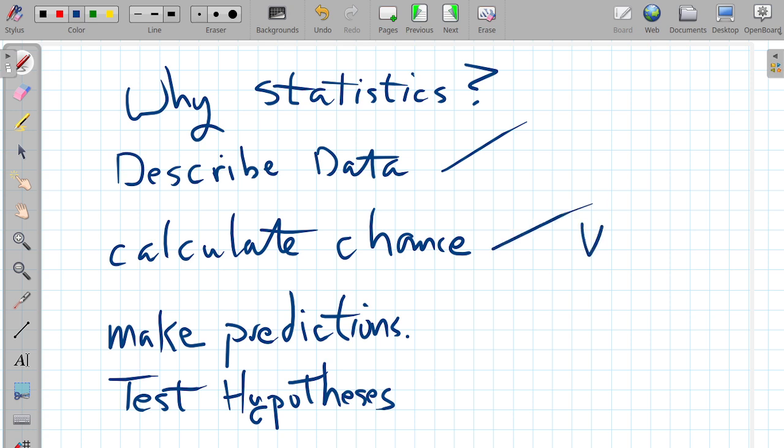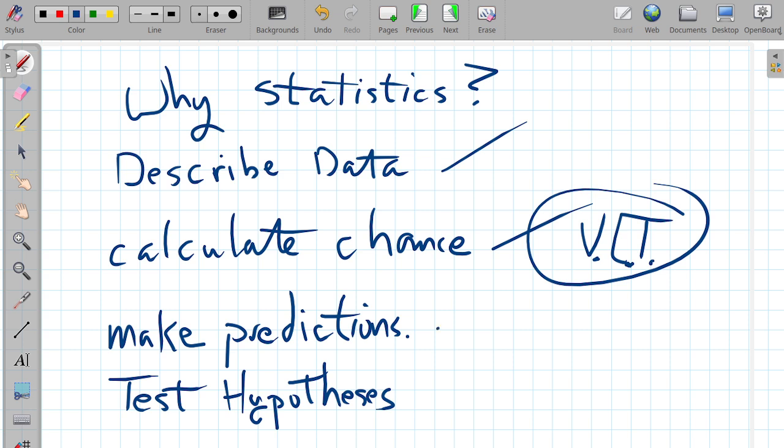Calculation of chance, well, we just talked about the video lottery terminal thing. We will talk about some of these things. Casino games in particular are great subjects for that. The ability to make predictions in the sciences, by the way. Let's say you're doing research and you think you found the next greatest thing since sliced bread. How do you know it's actually legitimate? Guess what? You do a statistical analysis.